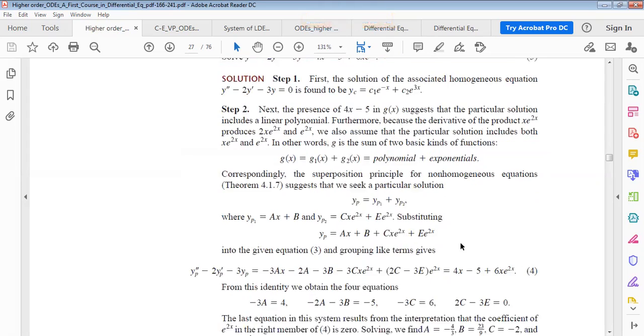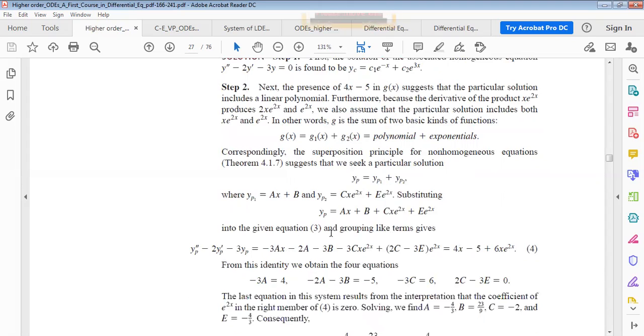Okay, this one. So into the given equation, grouping the like terms, just putting the values, and taking the first differentiation and second differentiation, then putting them, we get these values. Now equating the like terms, the coefficient of x is -3a, and the constant term will be this.